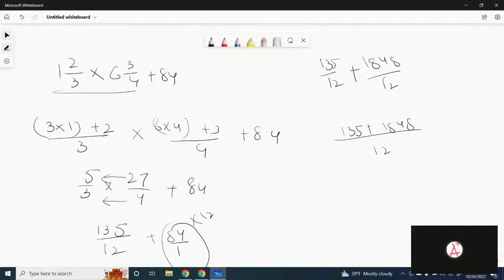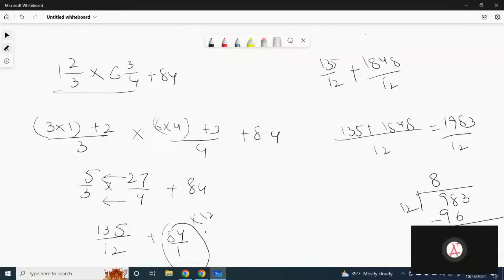Okay, 1848 plus 135, it would be 1983 over 12. Got it? Let's just divide them by 12. 12 into 1983. So 12 times 6 is 72. 12 times 7 is 84. 12 times 8 is 96.